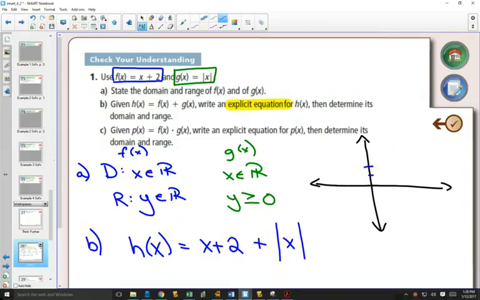It has a y-intercept of 2 and a slope of 1. So there is our graph of f of x equals x plus 2. And our absolute value graph, we remember from transformations, looks like this.